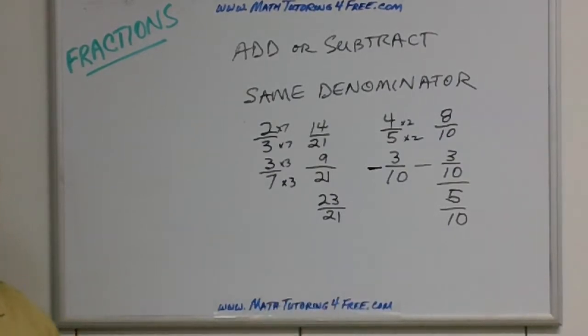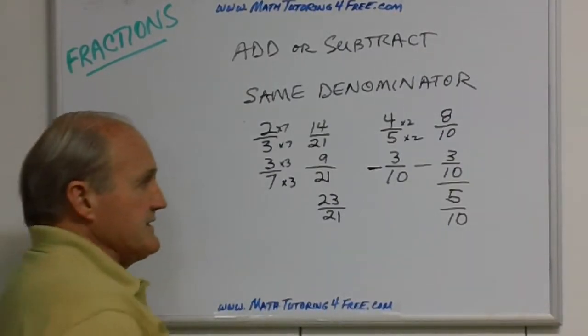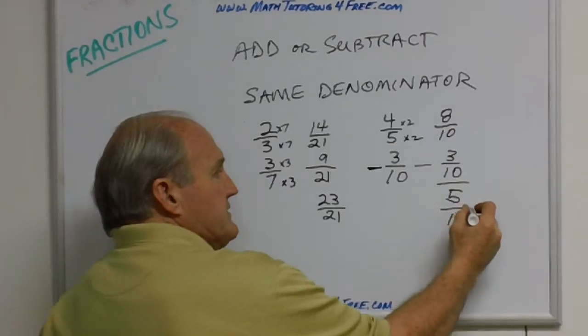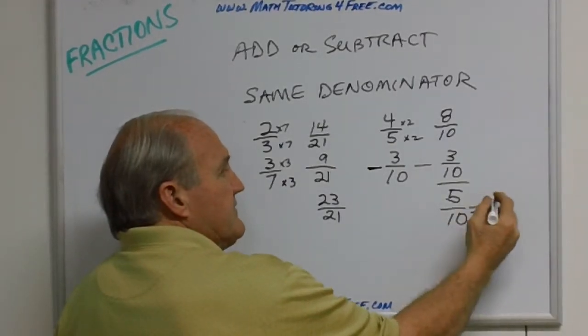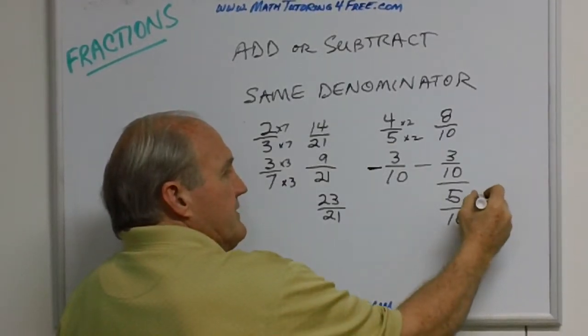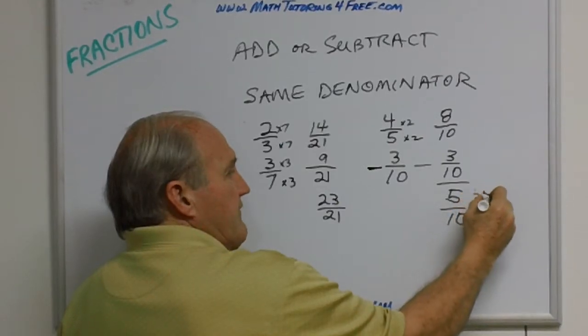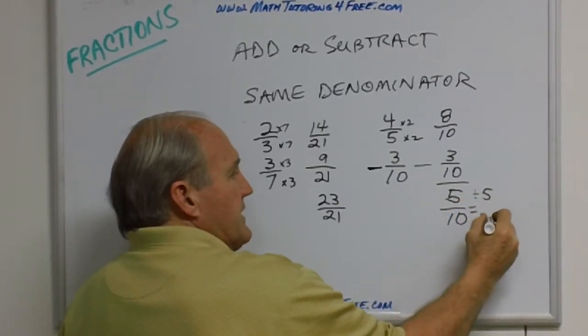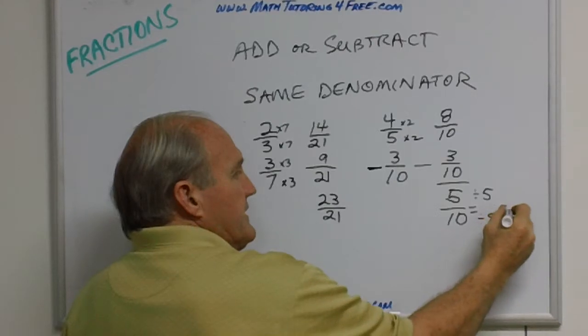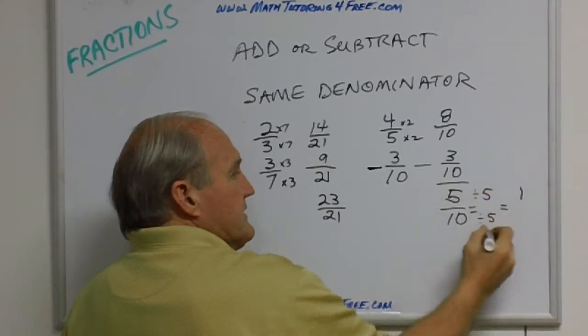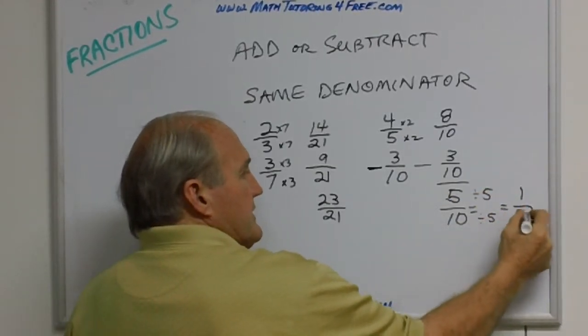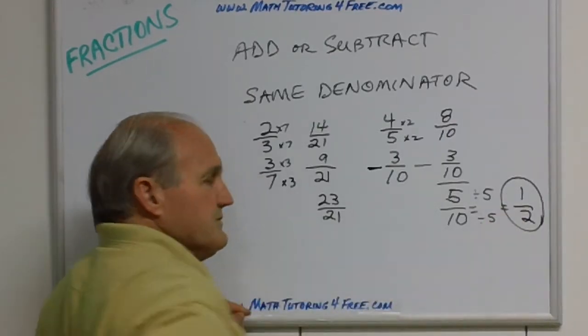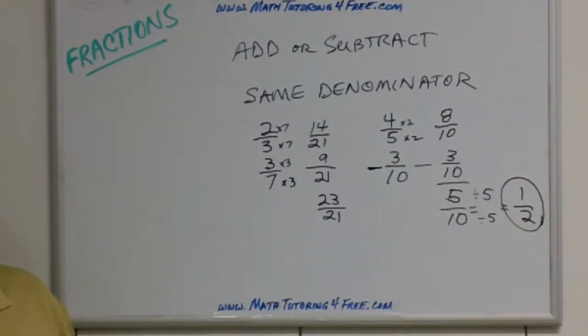No, I hope we can see that this can be reduced by dividing the numerator and denominator each by 5. 5 divided by 5 is 1, 10 divided by 5 is 2, so our final answer is 1/2.